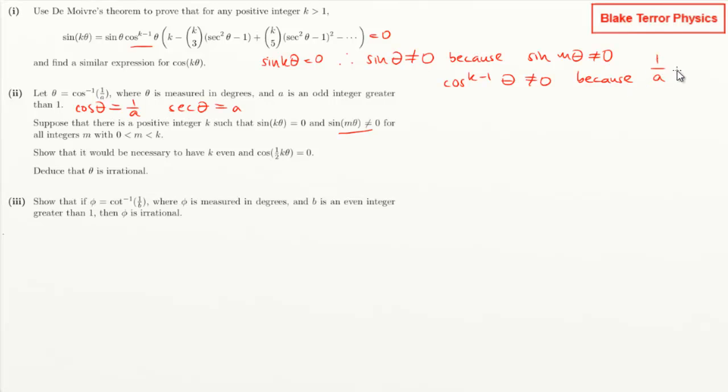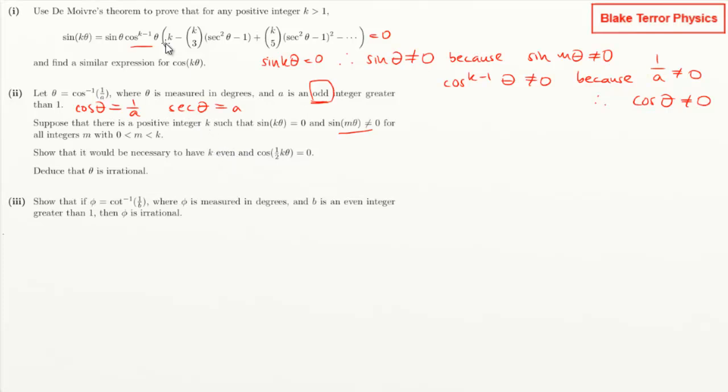Anyway, 1 over a is not equal to 0. Therefore, cos theta is not equal to 0. So that's okay. If nothing comes up about this odd, I might have to come back and think about that again, because I don't know why they put that in at the moment.